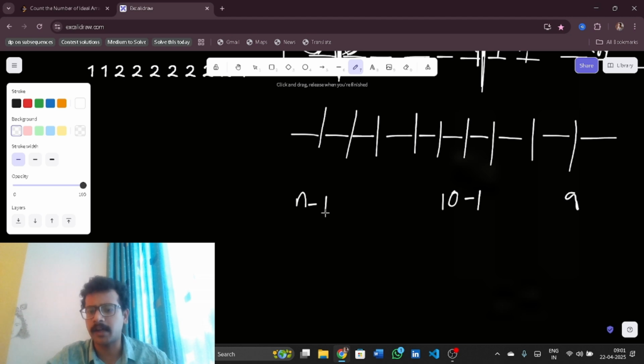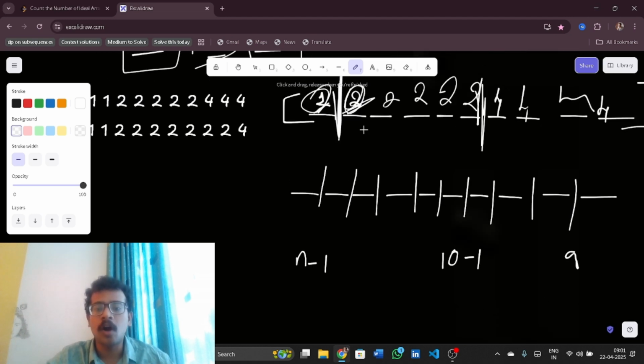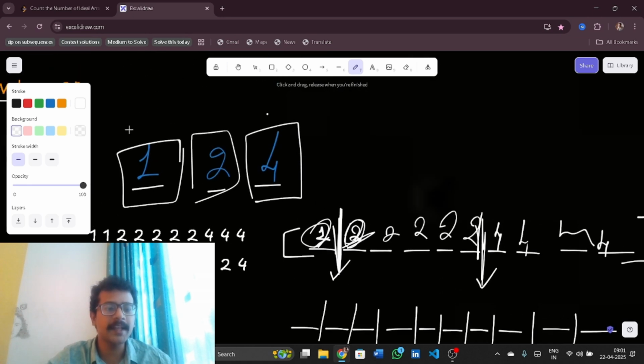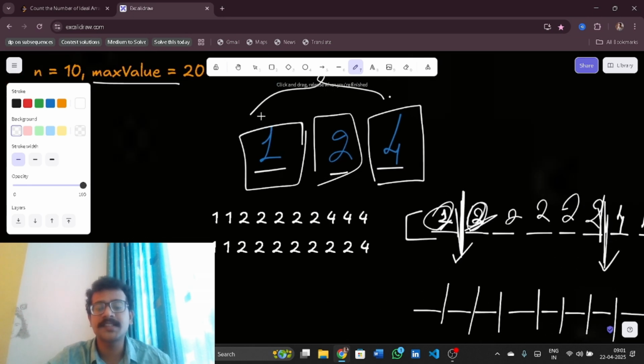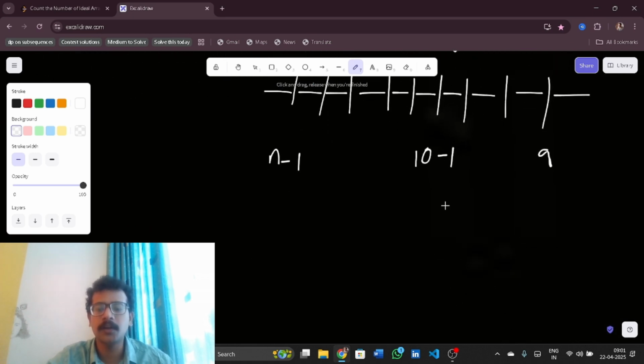Now how many bars am I placing? Just 2. So the array size is 3. Let me write it as 3, and I am just placing 2 bars, 3 minus 1. So I will take this as something like L, the length, minus 1.